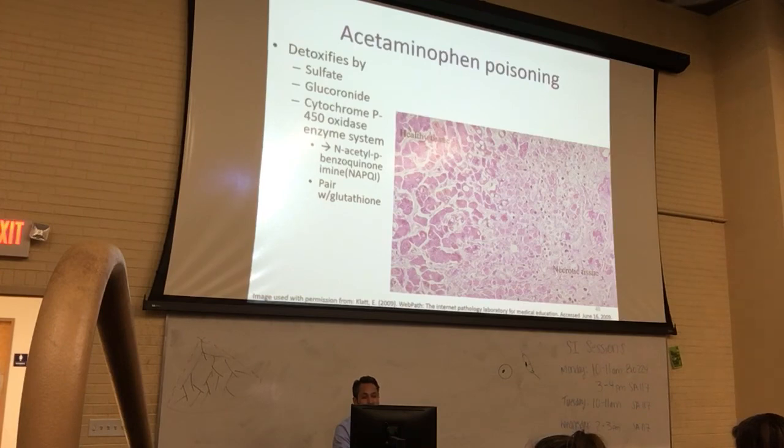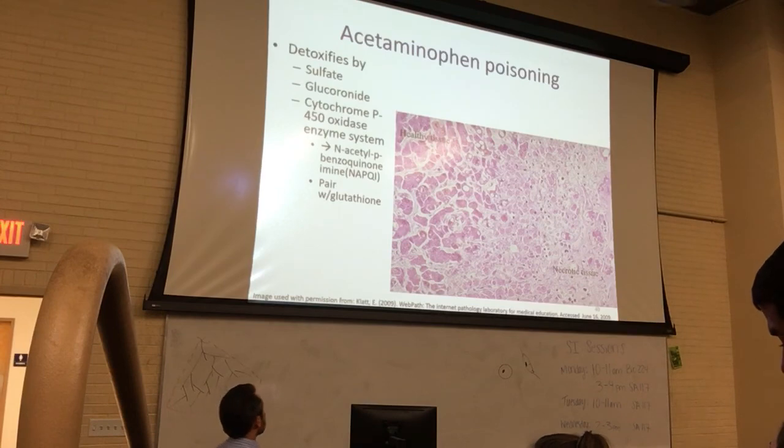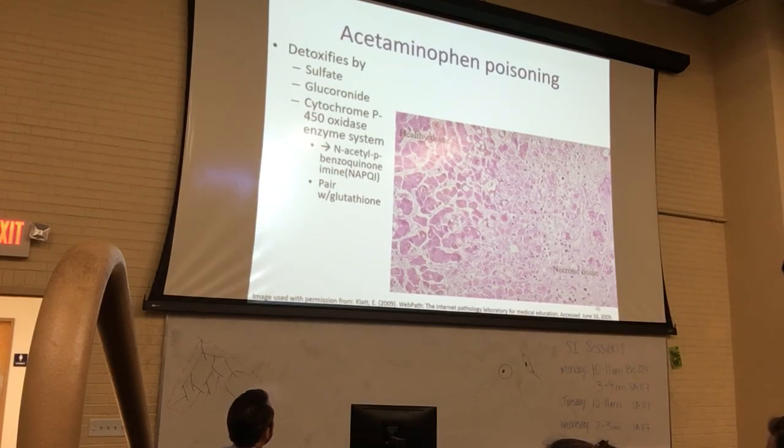When this hepatotoxin is present, it's directly toxic to the liver. It doesn't ultimately get excreted by the kidneys bound to glutathione because it gets stuck in the liver. And so this is what you see. Here's healthy hepatocyte tissue, and here's necrotic tissue on the lower right. And this is the delineation.